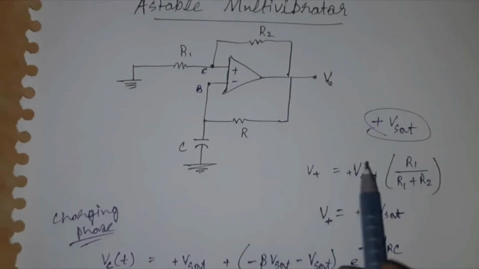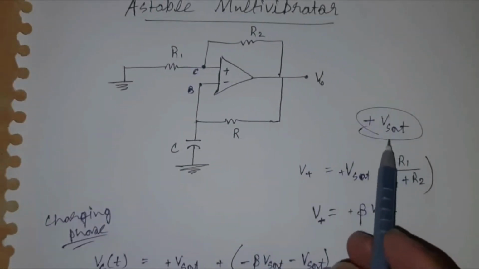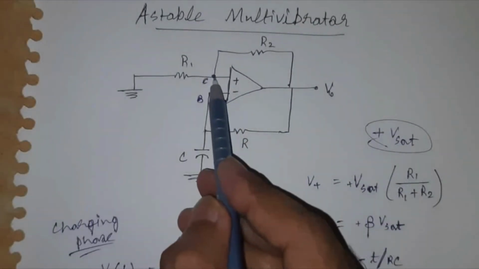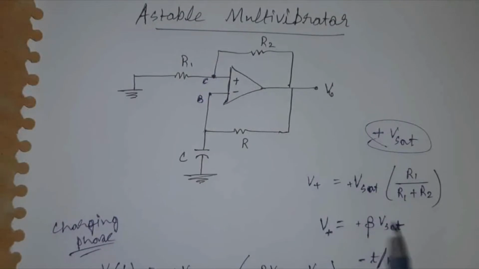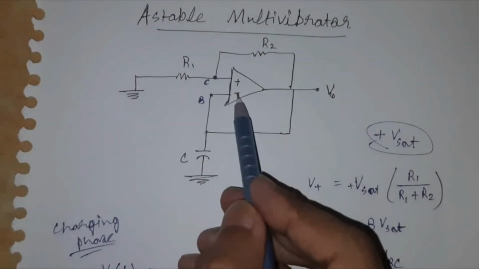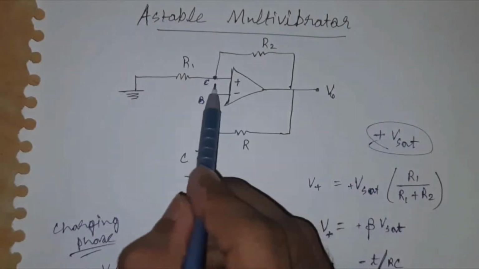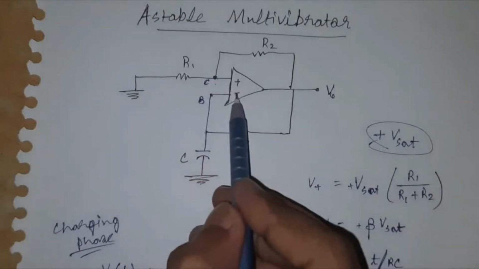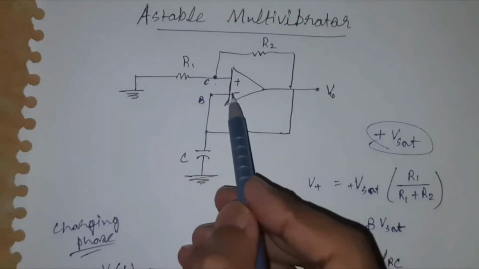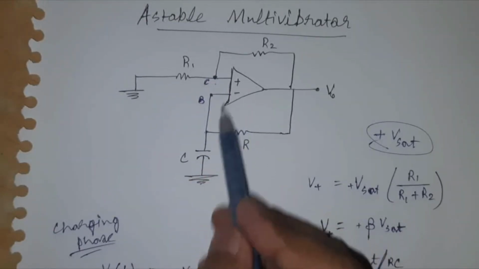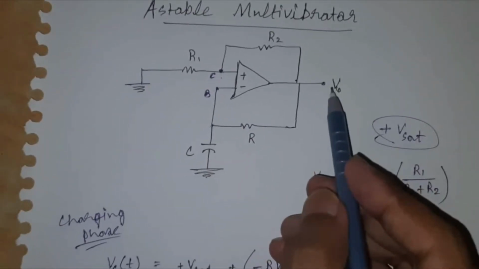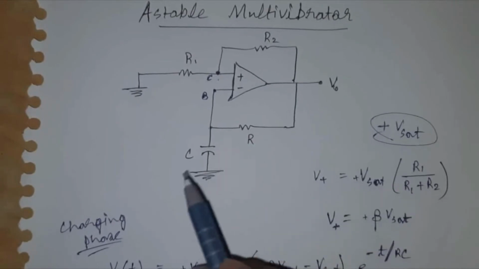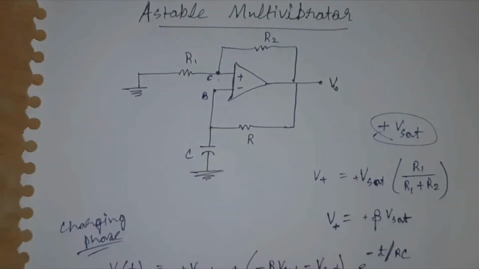Now see, initially we suppose that the output is at plus V sat, so this point has the potential plus beta V sat. As soon as the inverting terminal potential crosses plus beta V sat, the inverting terminal potential is greater and so the output goes to minus V sat. So we have to find out the time at which this capacitor value reaches plus beta V sat.